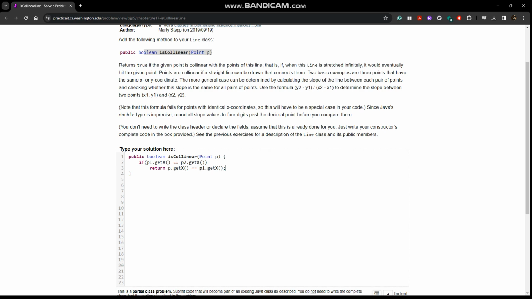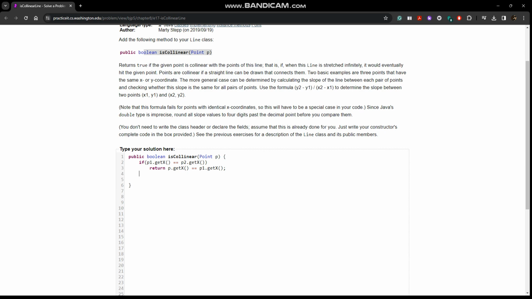And the reason we do that again is we're just returning that the x value is equal to the first point, and this doesn't matter whether it's p1 or p2 because these two are equal, right? So this gets rid of the special case that we have if there is an identical x coordinate.